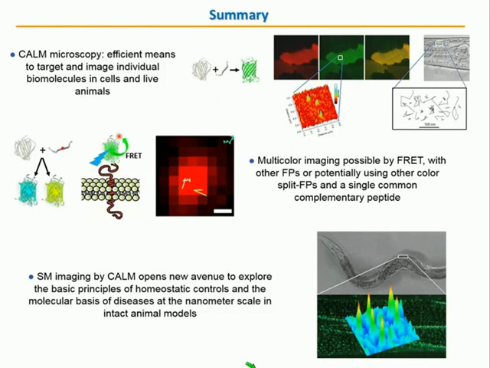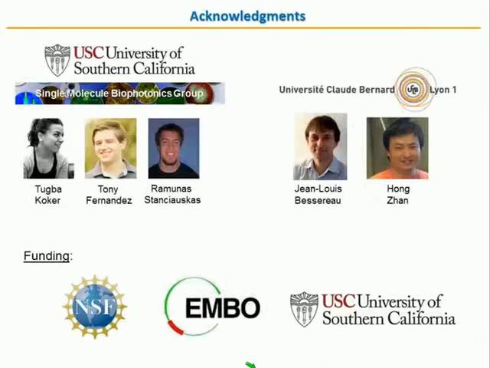And ideally, this technique applied to live animals really allows biologists now to explore the basic principles of homeostatic control as well as the molecular basis of some diseases at the nanoscale, by allowing imaging in live animals. And with this, I will take questions.